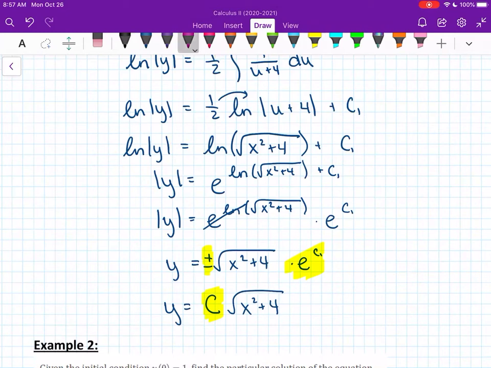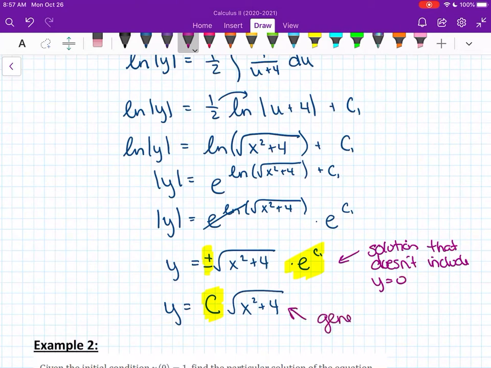Now if I look here, this first line where I have y equals plus or minus, that is a solution, okay, but it doesn't include y equals 0. This is a solution that does not include y equals 0.